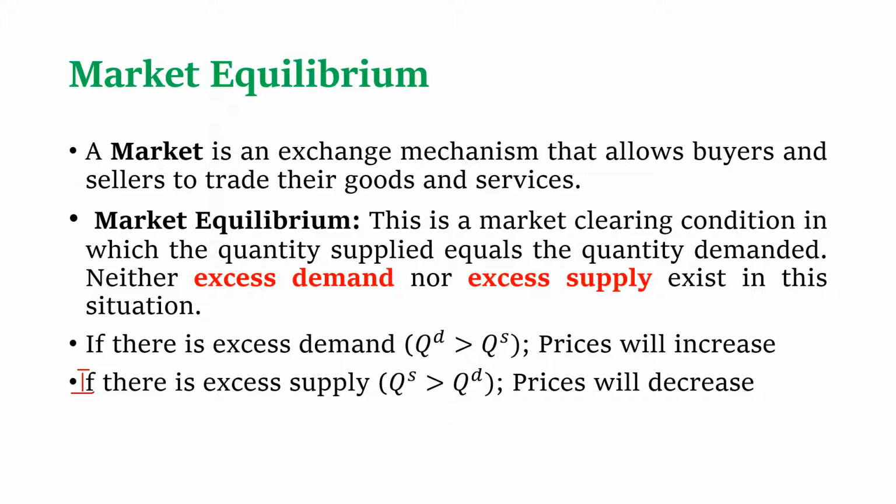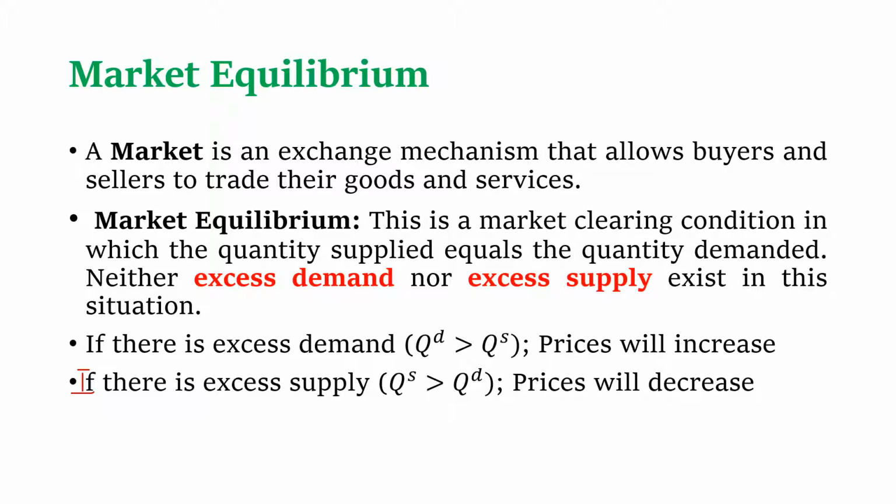If there is excess supply, then quantity supplied is greater than quantity demanded. So that will force what? It will force the price to decrease. It will beat down the price. So if there is excess demand, that will beat up the price.